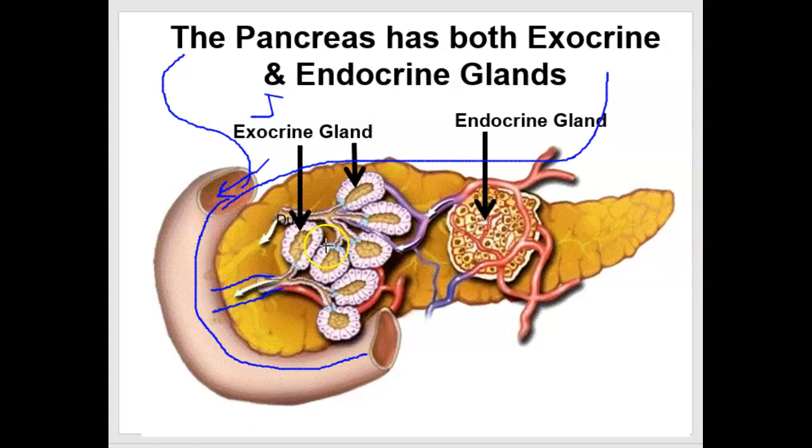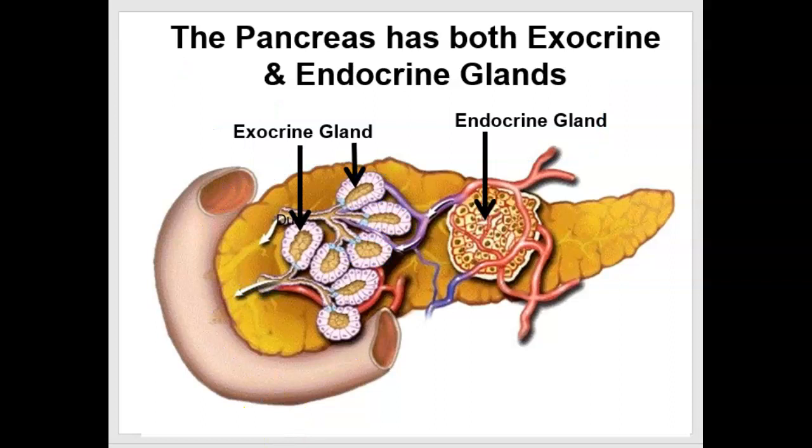And so materials or substances that are secreted by these cells that kind of look like they're in a clover leaf here, those cells, are going to reach the small intestine by this duct. Now, because it's entering the small intestine, you can imagine that these are probably digestive enzymes, and they are. They're digestive enzymes going in there.